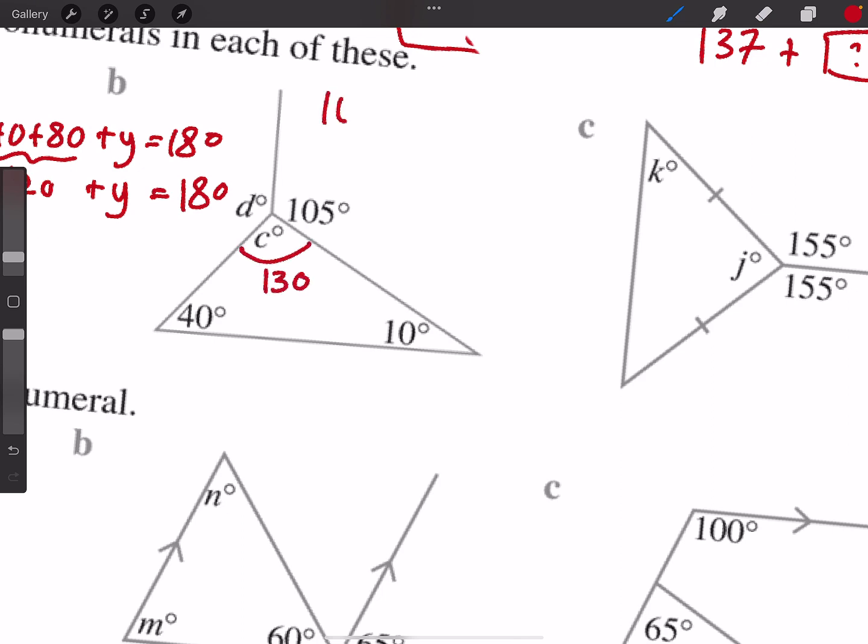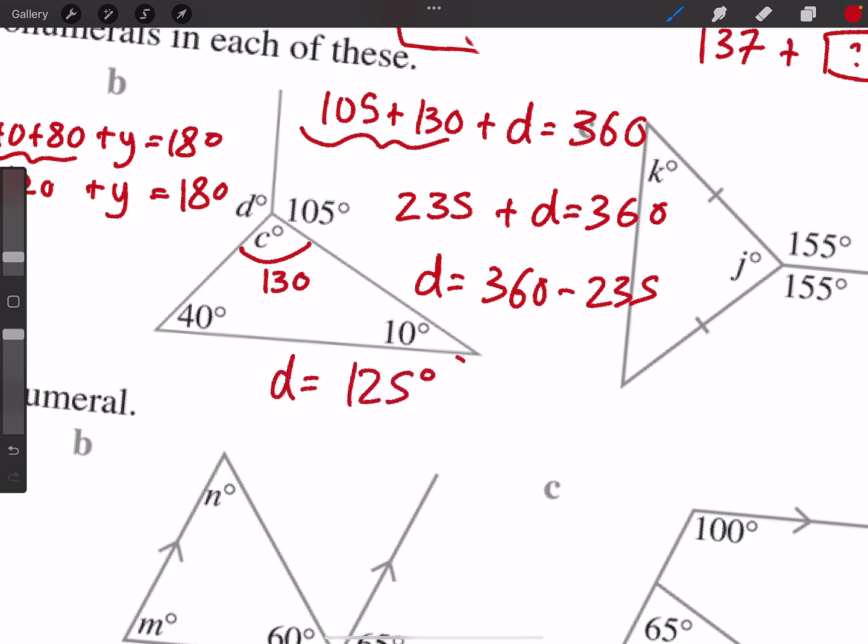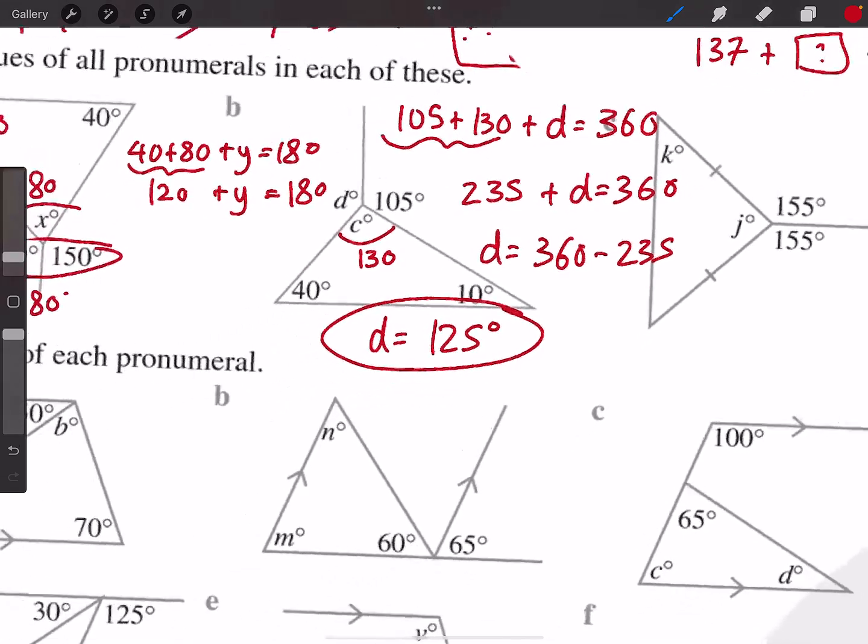Okay, so you've got 105 plus 130 plus this angle D is equal to a full revolution, which is 360. 105 plus 130 makes 235 degrees, plus something is equal to 360. So the angle D is equal to 360 take away 235, and let me see what that is. That'll be 125. So D is equal to 125 degrees. There you go. That's the answer for that.